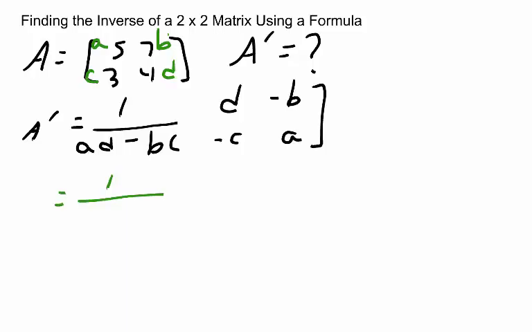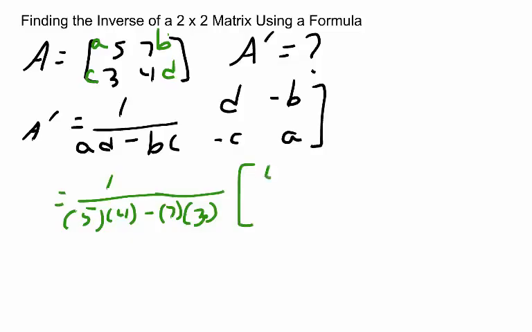So we have 1 divided by 5 times 4 minus 7 times 3, times 4, negative 7, negative 3, 5.